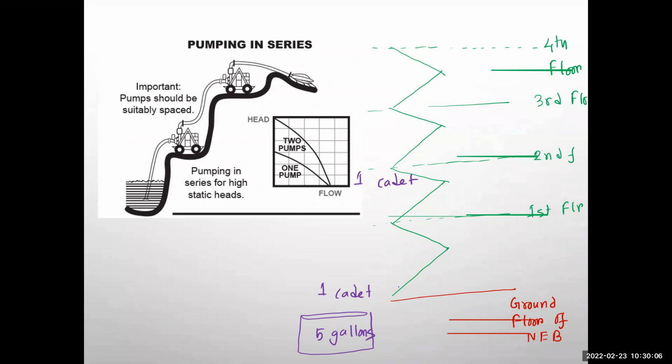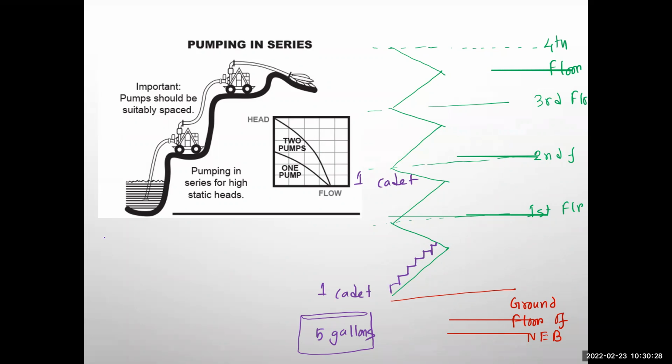Now you need to take the stairs because you are not allowed to use the elevator. So you will take the stairs to carry these 5 gallons of water. This cadet will carry these 5 gallons from ground level to second floor.